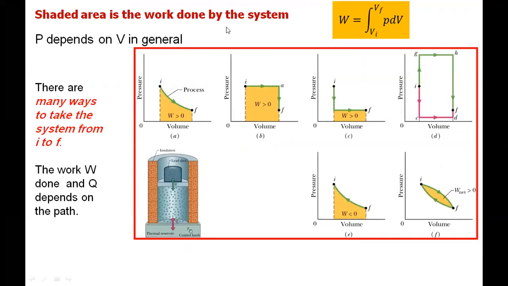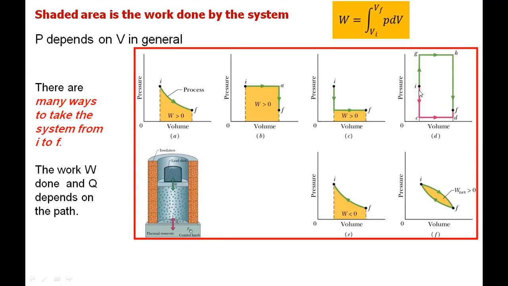If we shade it as the work done by the system, this is the process from initial to final. In this case, the work is greater than zero. This is pressure with volume, from the initial to the final state, and in this case also the work is greater than zero. And here, from initial to final, the work is also greater than zero.